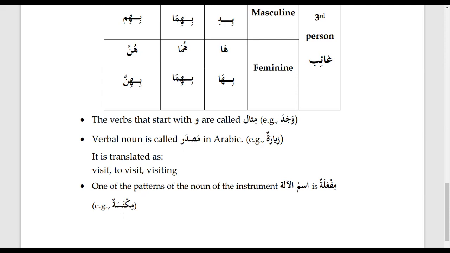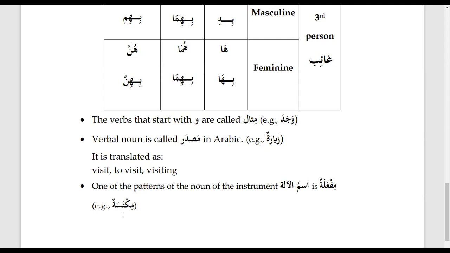Ismul ala, what do we call it? The noun of the instrument. Do you remember one example of ismul ala that we learned yesterday, or in any of the ismul ala that we have learned before? Miftah. Excellent, miftahun. Yesterday we learned about iron. Mikwa. Mikwatun, okay. And about the toilet, do you remember the example?